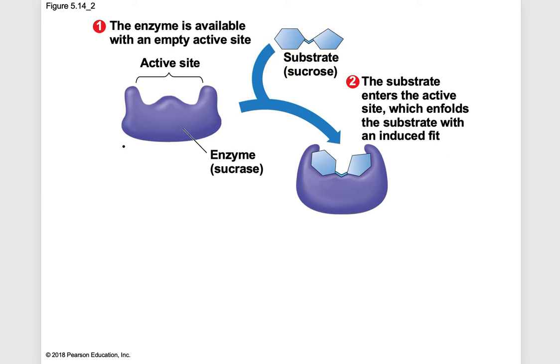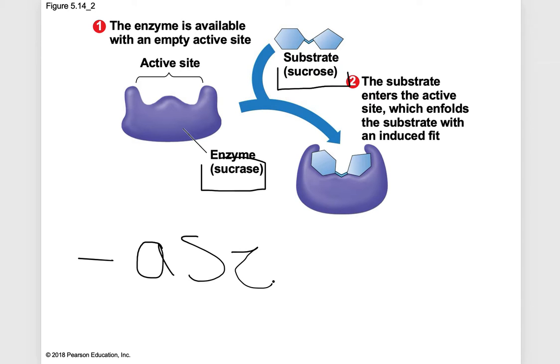The next slide shows this substrate, something called sucrose. Sucrose is just regular white sugar you might get from the grocery store. It binds right here to the active site. So it's very specific. This enzyme is sucrase. Typically, anytime you see a word ending in ASE, that means it is an enzyme. So sucrase binds to sucrose, which is our table sugar.